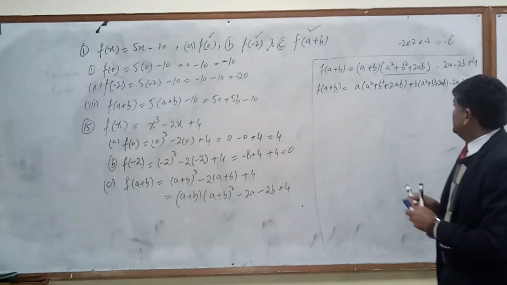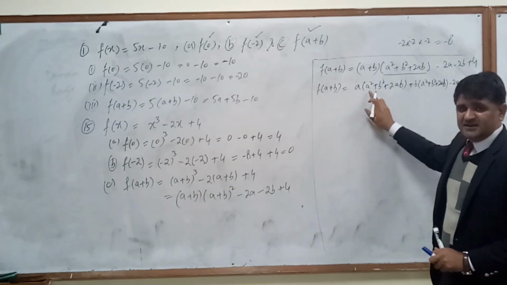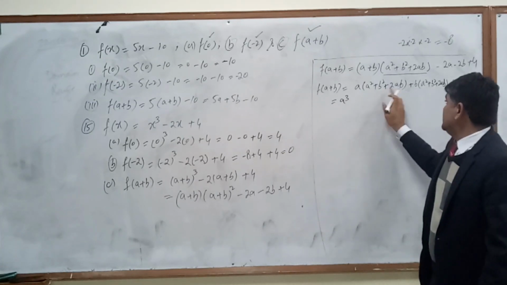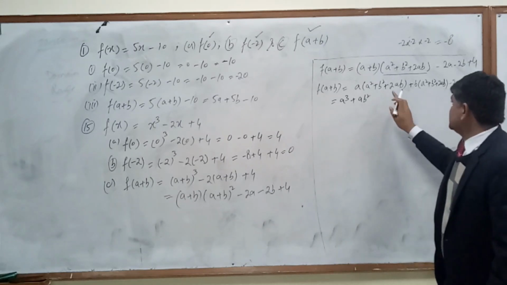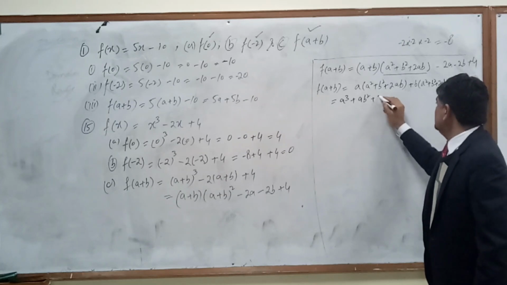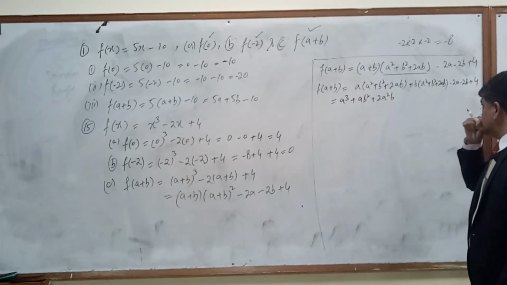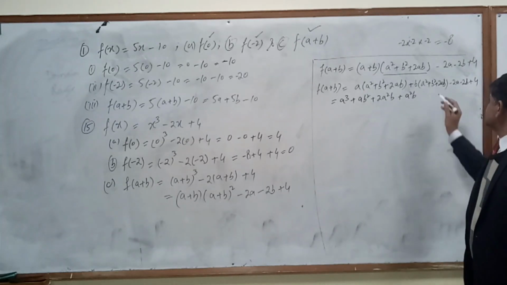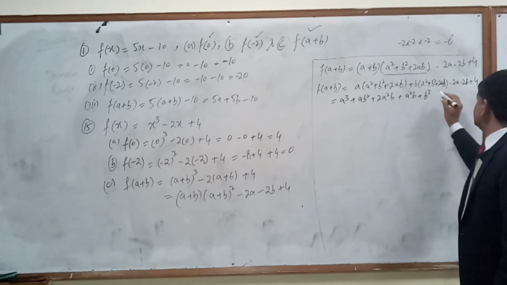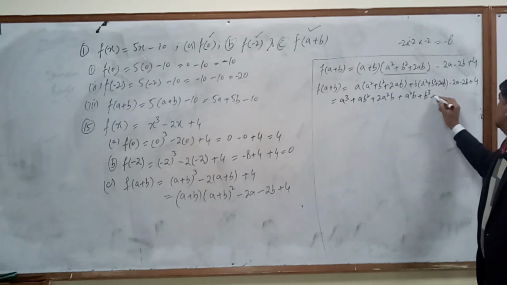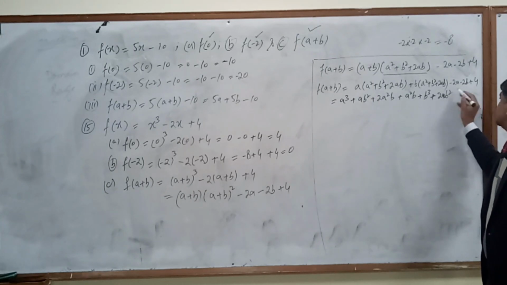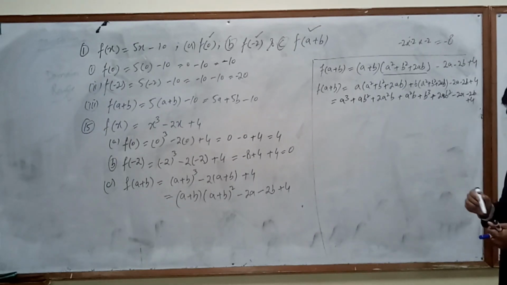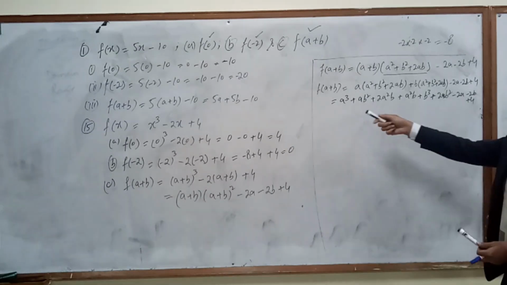So we can simplify: a multiplied by a square, the powers will be added, so a cube here, plus ab square plus 2a square b, plus a square b. Then b cube, then 2ab square plus 2ab square, minus 2a minus 2b plus 4. Then we can arrange it.